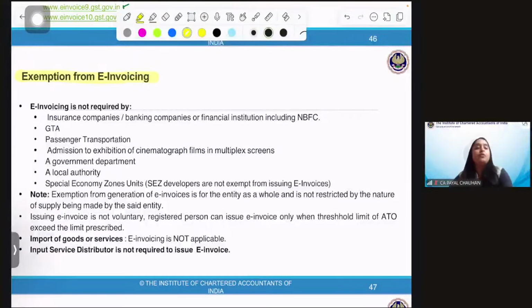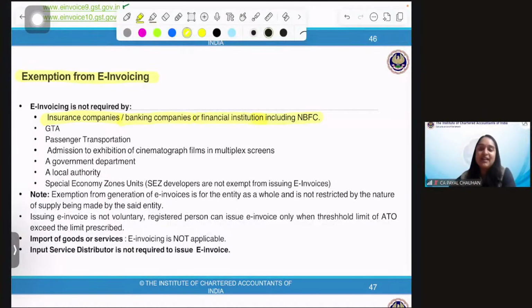Very good. Now we have exemption from e-invoicing. In these cases, you need not issue an e-invoice: an insurance company, a banking company, or a financial institution, including NBFC. In the last class, we had something special for these people in terms of invoices.